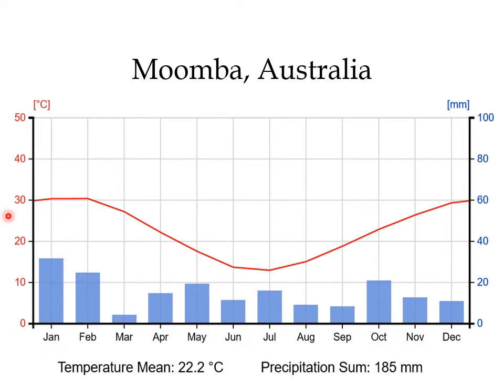This is because we are in the southern hemisphere, so our summer is their winter and our winter is their summer. So the hottest point is very, very hot, but the coldest point is quite hot as well. So temperature is always hot and precipitation is very, very low.